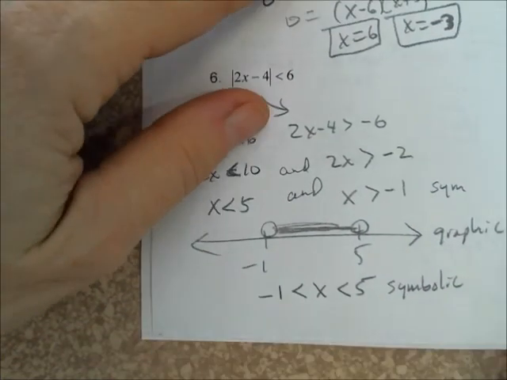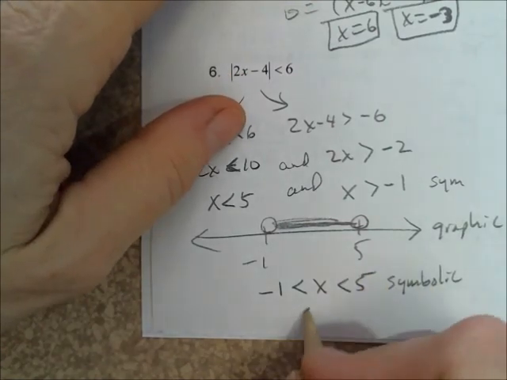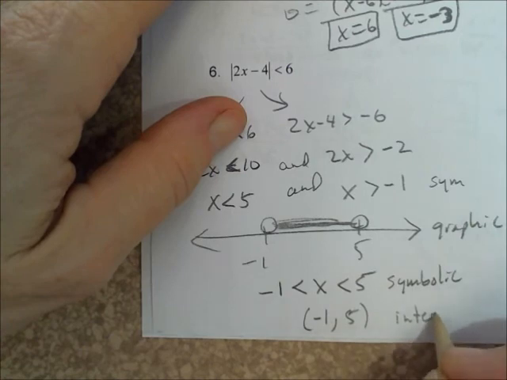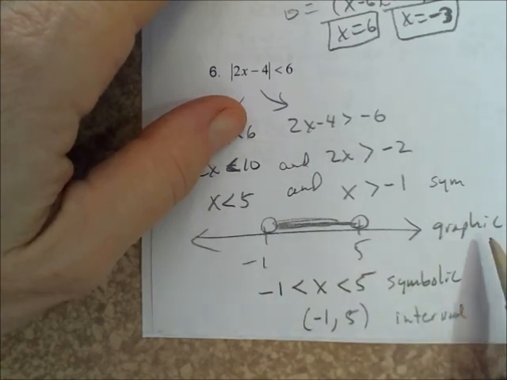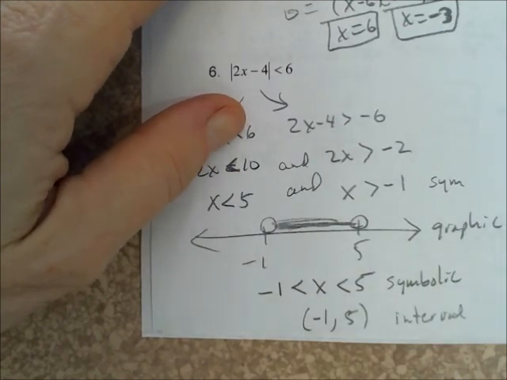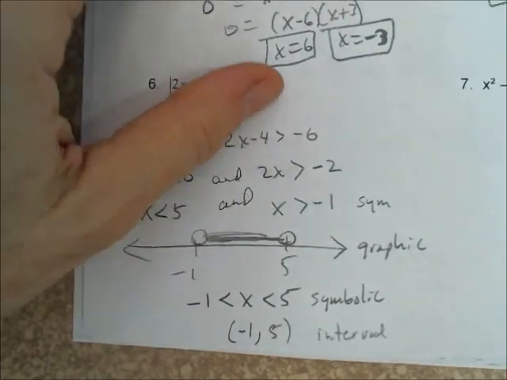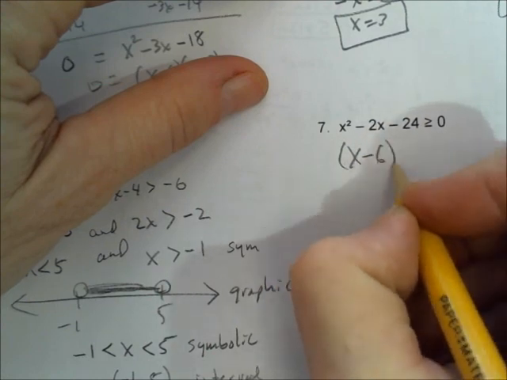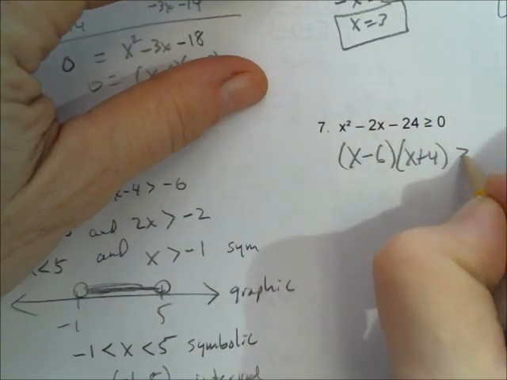And in interval notation, you have negative 1, comma 5. So you have the three ways of representing it. Number 6's answer.